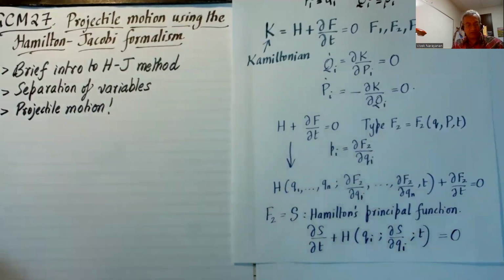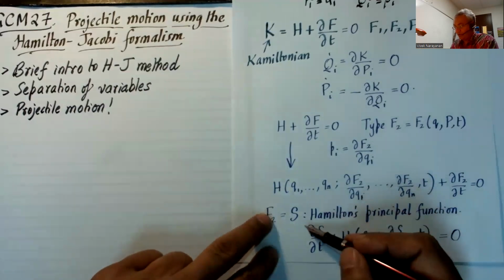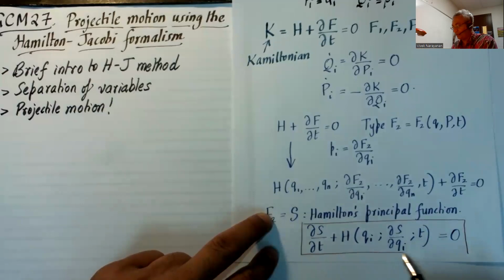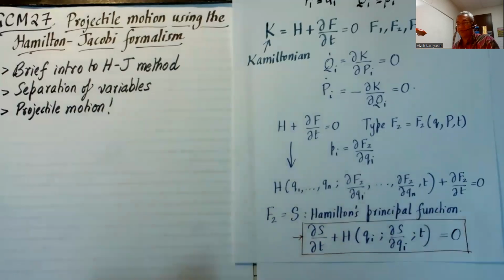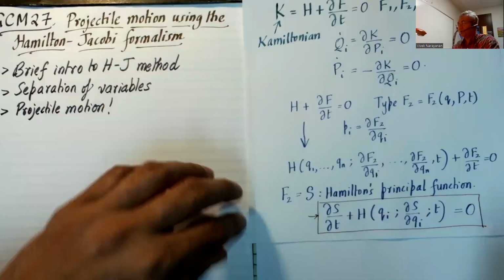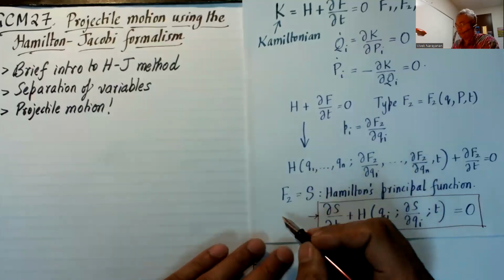This is sometimes referred to as the time-dependent Hamilton-Jacobi equation because the t does occur there. Notice that because time is present, energy is not necessarily conserved, which is a very useful feature of this method. You don't have to have energy conservation.